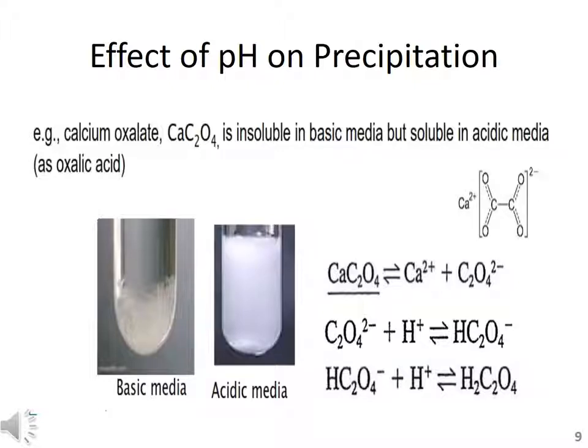Whether the reaction chamber is acidic or basic, it should be according to the requirement, according to the protocol of the analysis. If it requires a basic medium, then you will have to provide the basic medium for the reaction processing, and if the reaction requirement is an acidic environment, then you will have to provide the acidic environment to the reaction.